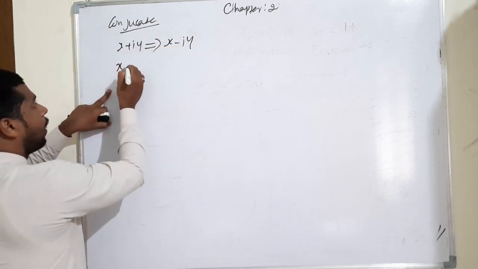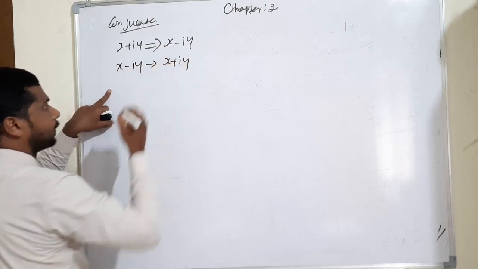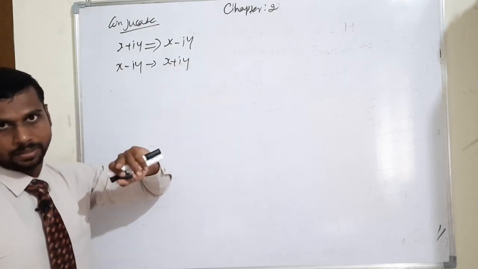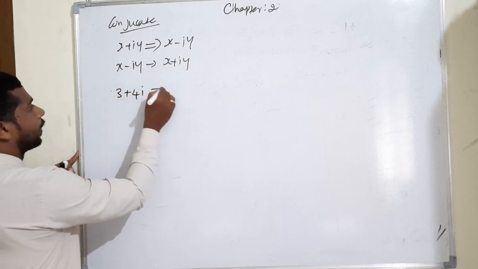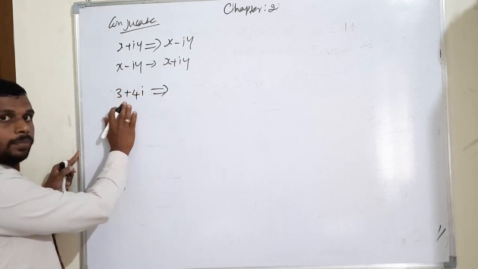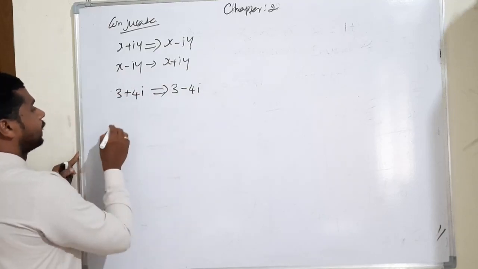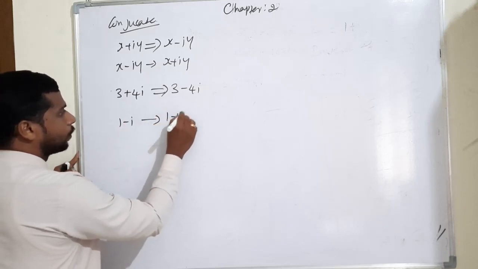Then if you have x minus iy, you change minus iy to positive iy, that is the conjugate. If you consider a number, say 3 plus 4i, to convert it to the conjugate it becomes 3 minus 4i. As well, 1 minus i becomes 1 plus i.